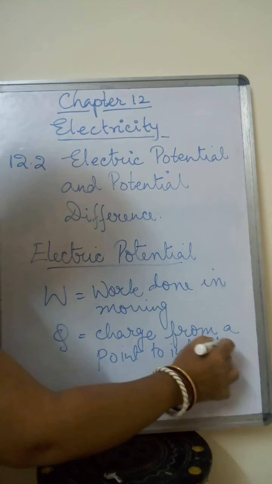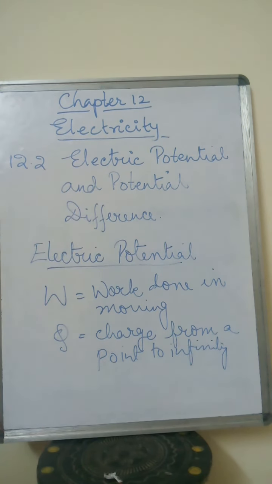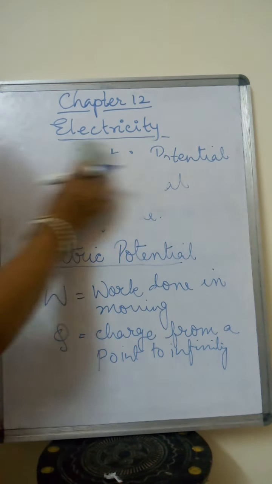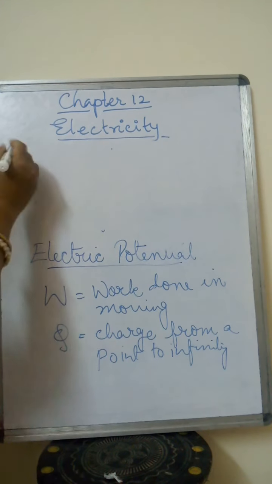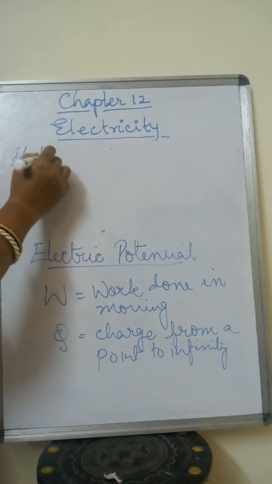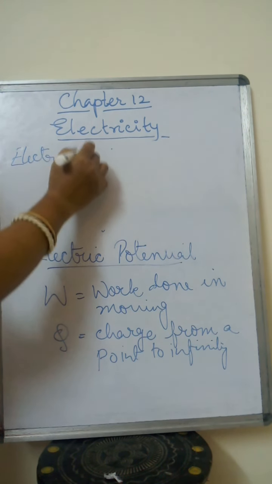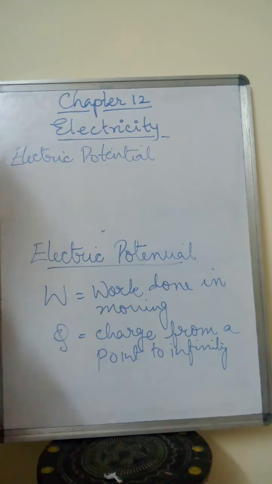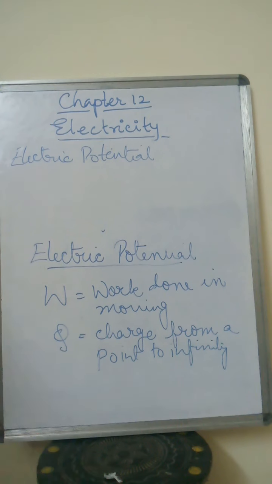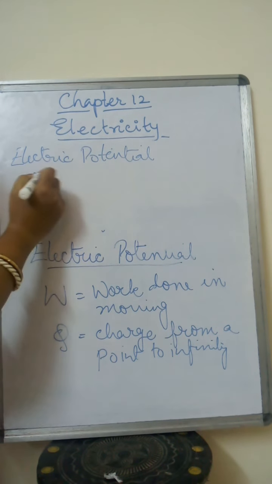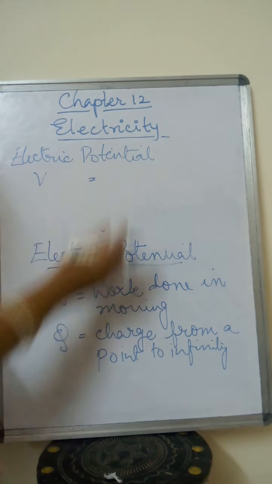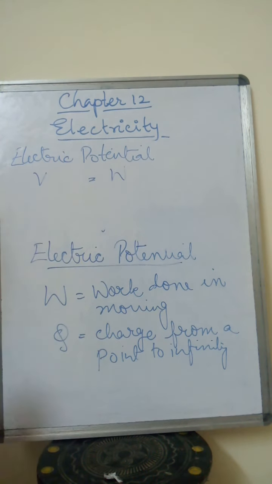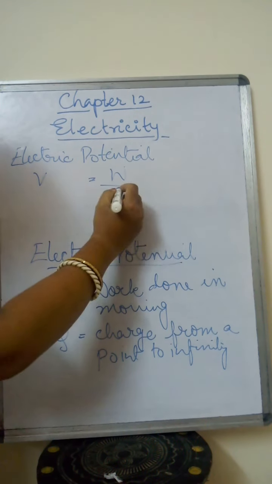What can I derive? Then what will be the electric potential? Electric potential is indicated by V. V equals W, the work done, by Q, the charge moved.